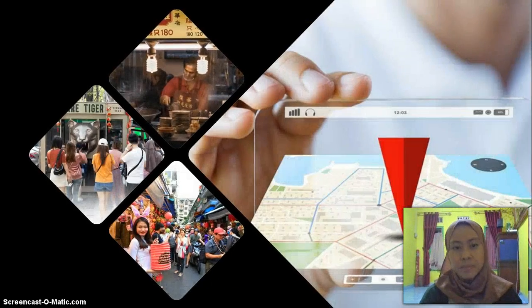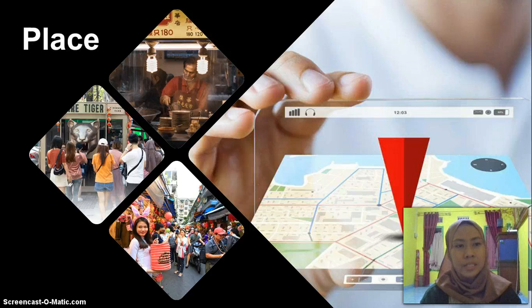Number two is place. There are some questions too. Question number one, where do buyers look for your product or service? Number two, if they look in a store, what kind? A specific boutique, or a supermarket, or online, or direct, or via catalog.